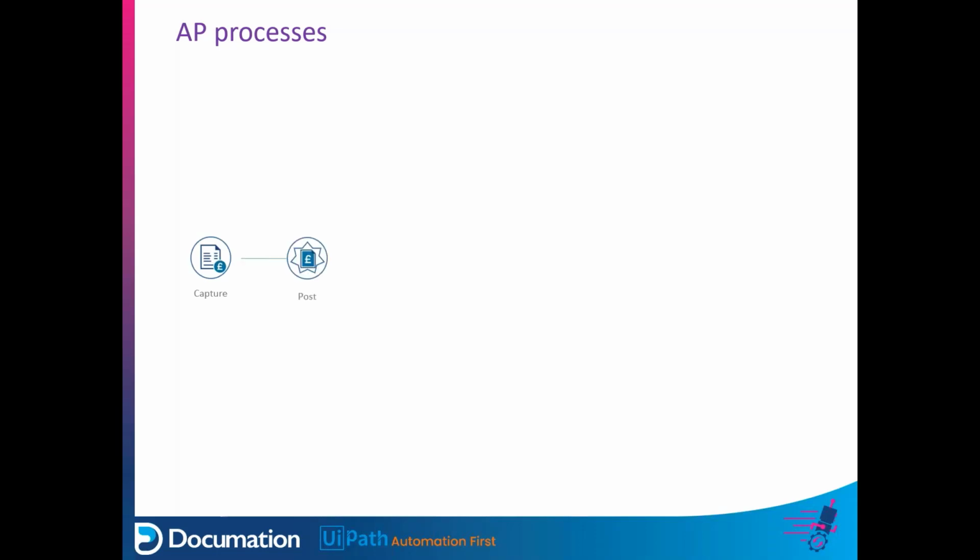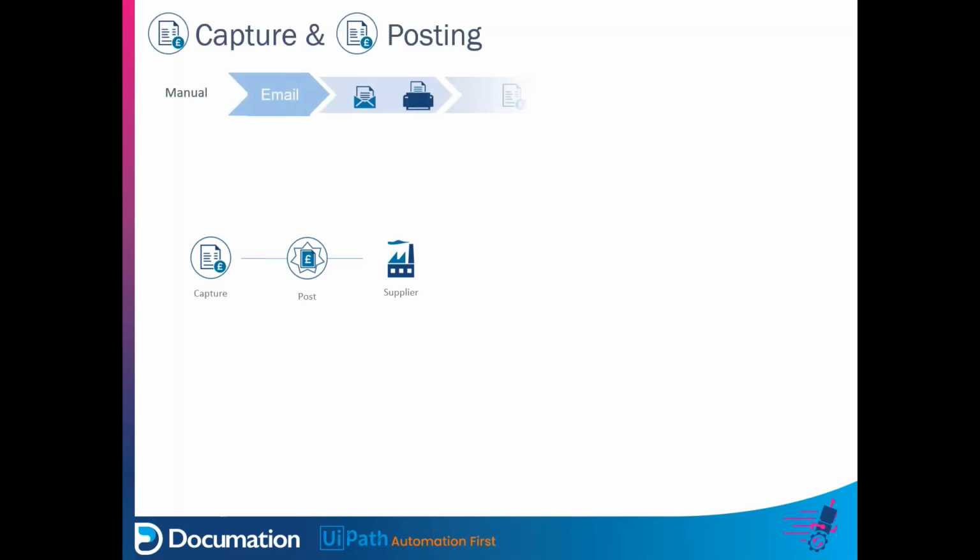Let's take a look at a very simple AP process, capturing information from invoices and posting it into our finance system to get our suppliers paid. That's a typical, repetitive, mundane, and potentially error-prone activity that robots can do far better and far faster than humans. In a manual process, we receive emails.